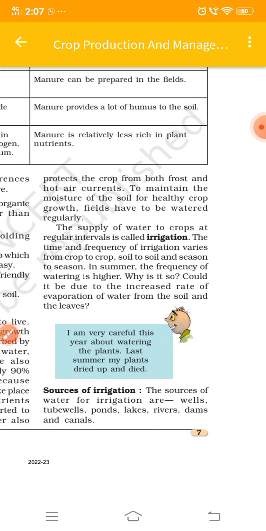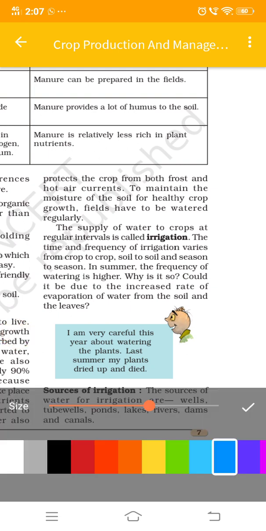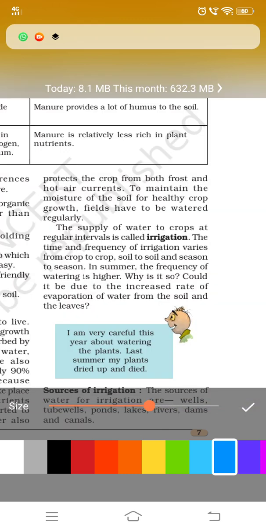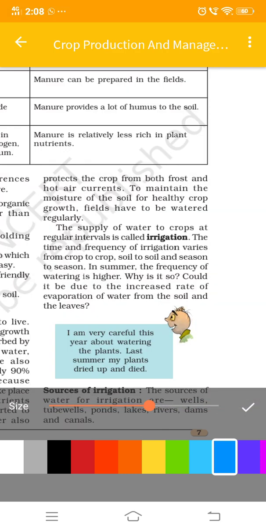Water also protects the crop from both frost and hot air currents. Okay, air currents, how? Let it be. Ask this to the teacher now, because I am also in 8th and I haven't read this chapter. I have made this video in March and school has not started for 8th.